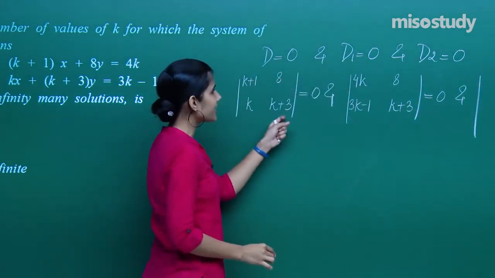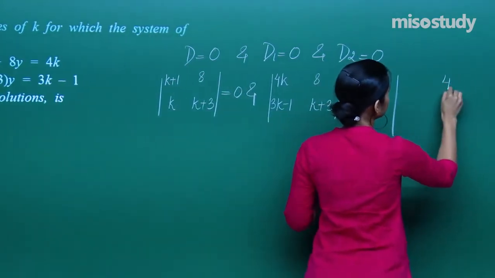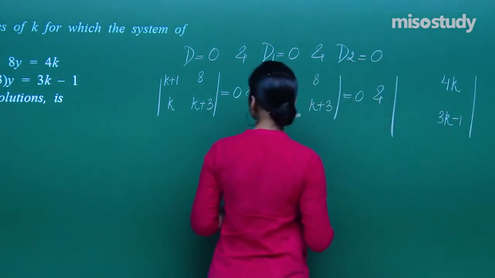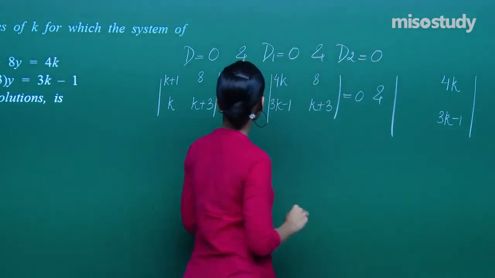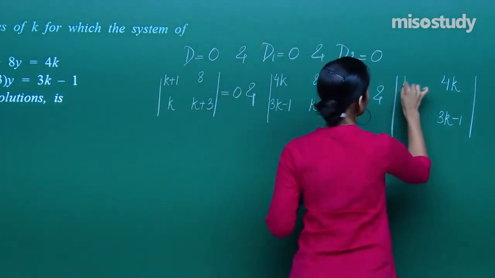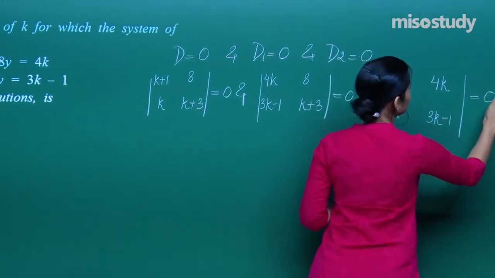When you replace the second column by 4k and 3k minus 1, this is your D2, and the first column remains the same, k plus 1 and k. This is 0.